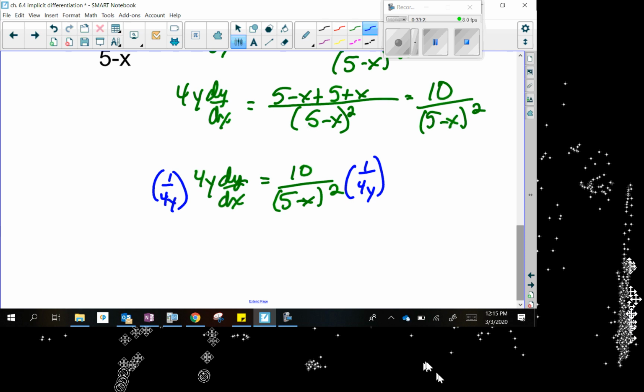We're really just flipping the fraction so it cancels out over here. And we get dy dx equals 10 over 4y times 5 minus x squared.